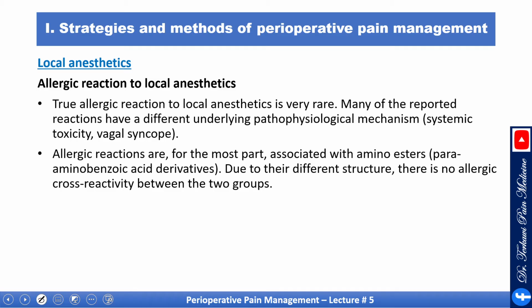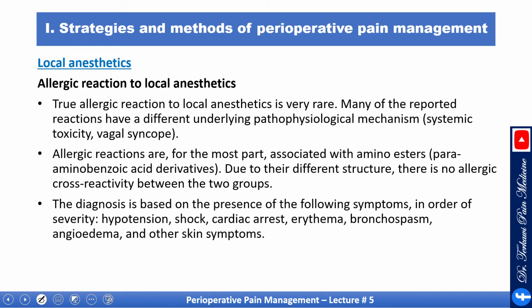There is no allergic cross-reactivity between the two groups. The diagnosis is based on the presence of the following symptoms in order of severity: hypotension, shock, cardiac arrest, erythema, bronchospasm, angioedema, and other skin symptoms.